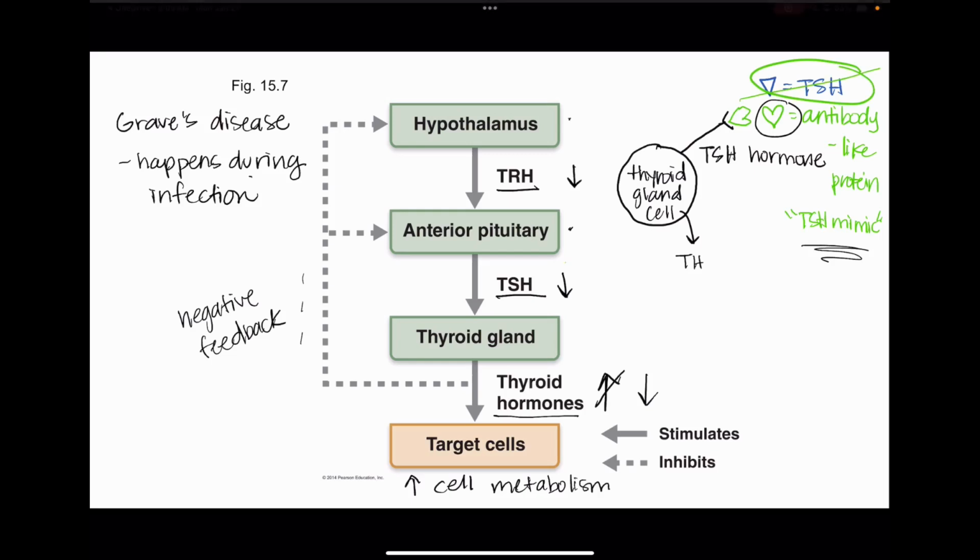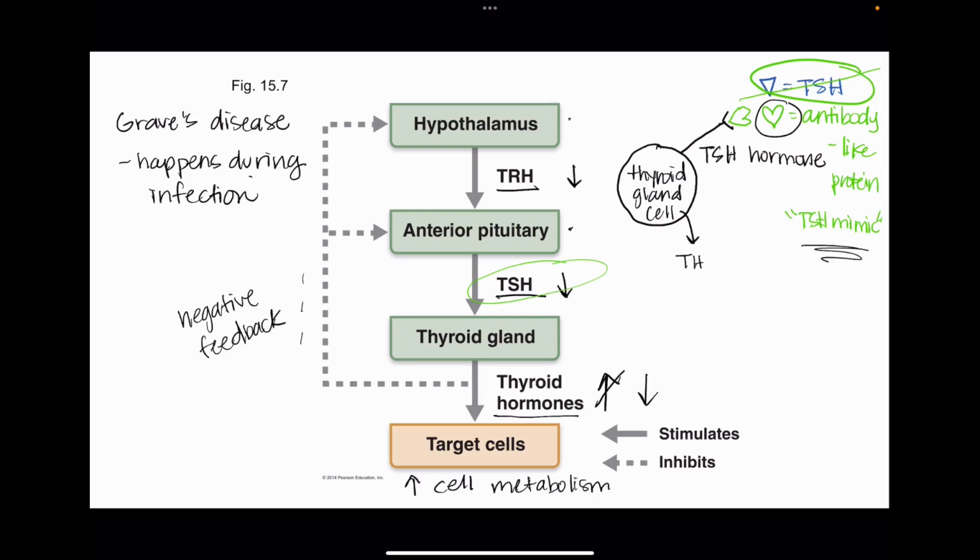We've already done negative feedback on there. There should be very little thyroid stimulating hormone around if we have enough thyroid hormone. But we have this mimic. We have this imposter that's acting like thyroid stimulating hormone that is continually stimulating the thyroid gland cells to produce thyroid hormone. Okay, so we're having a hypersecretion of this hormone because there's this imposter acting like TSH and causing the release of that thyroid hormone, even though we don't have TSH around.